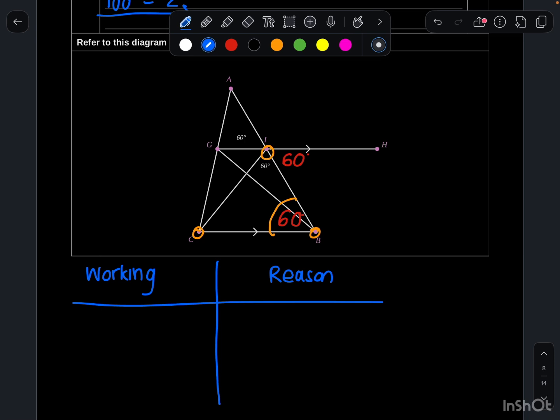Okay, so what we can say is CBI is equal to angle AIG. So that's this angle here, which is equal to 60 degrees. So AIG is given.